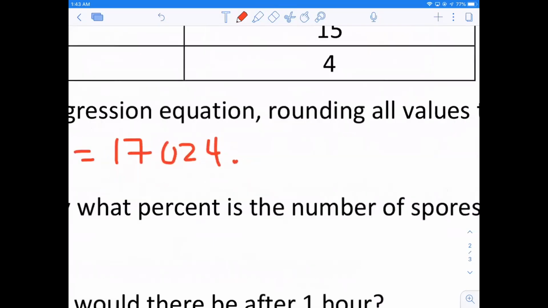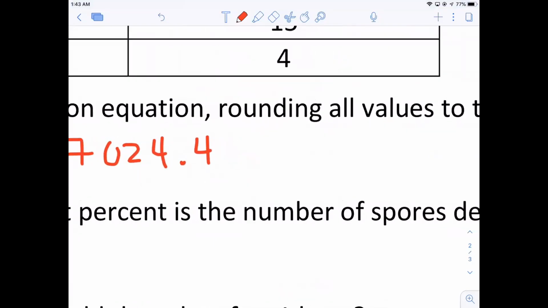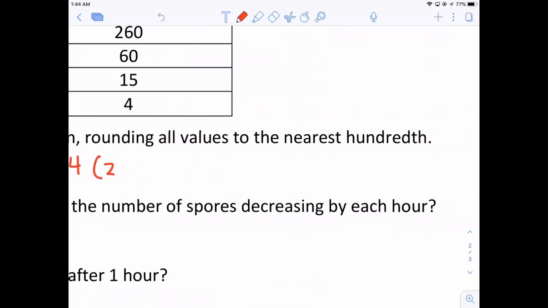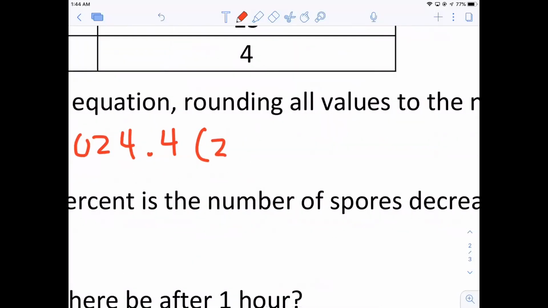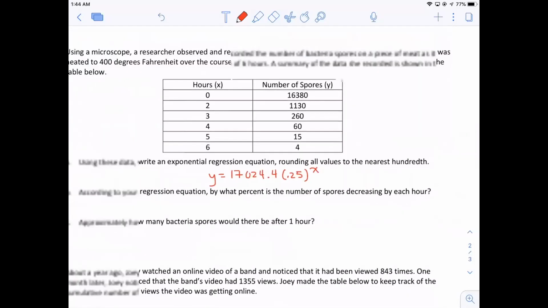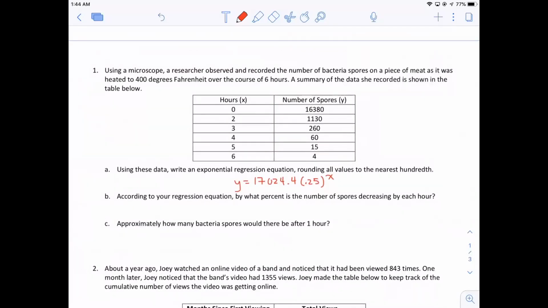So just go to 0.4 times, to the nearest hundredth, 0.25. I round that 4 up to a 5, to the x power. All right. So according to your regression equation, by what percent is the number of spores decreasing by each hour?